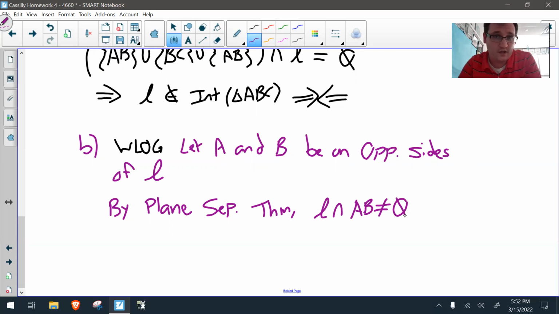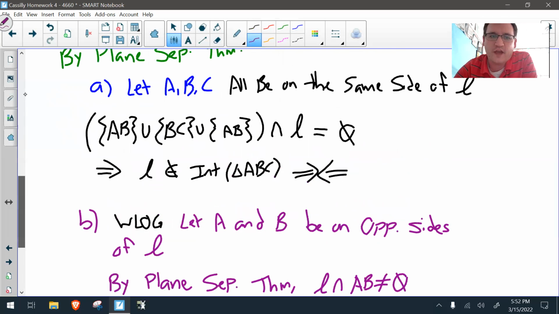Therefore, line L must meet one of the sides of triangle ABC. In this case, it's AB. Now I put without loss of generality because I could have made this argument for points A and C, points B and C, whatever. It would have worked for either one of them. So it's the same argument for all three of them.